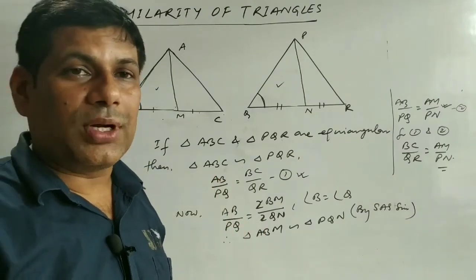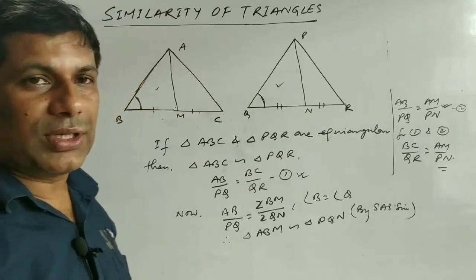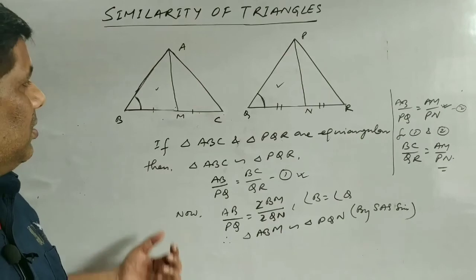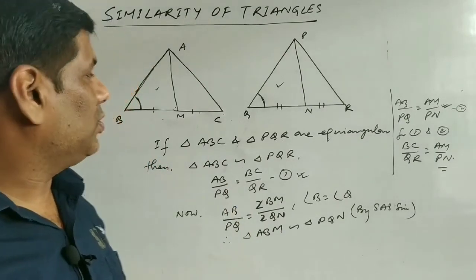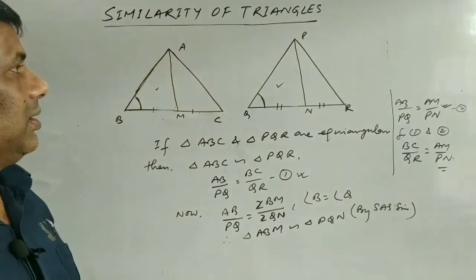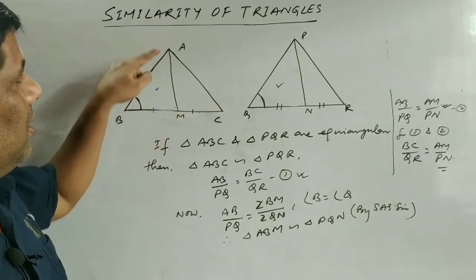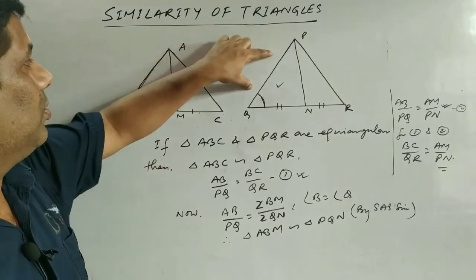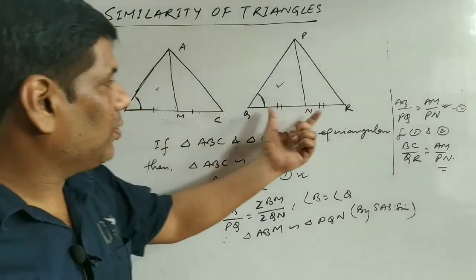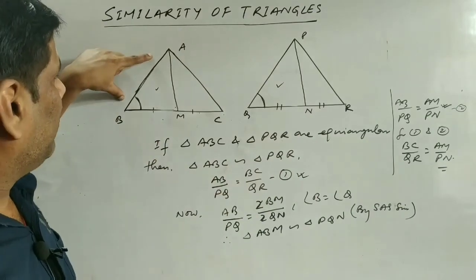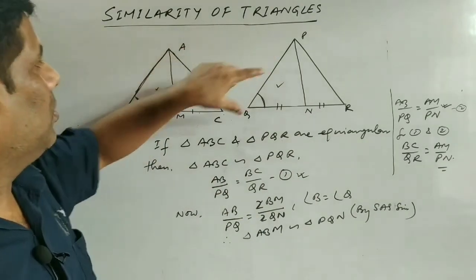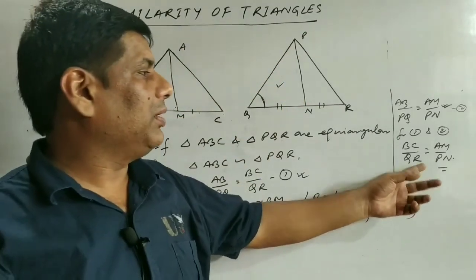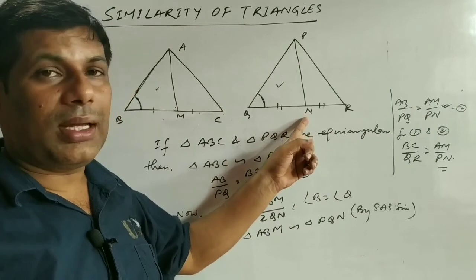Similarly, we can also prove that if two triangles are equiangular, then the ratio of their angle bisectors, if AM and PN are the angle bisectors, then also AB by PQ is equal to BC by QR, and then we will prove AB by PQ is equal to AM by PN. So in that case also this will be true.